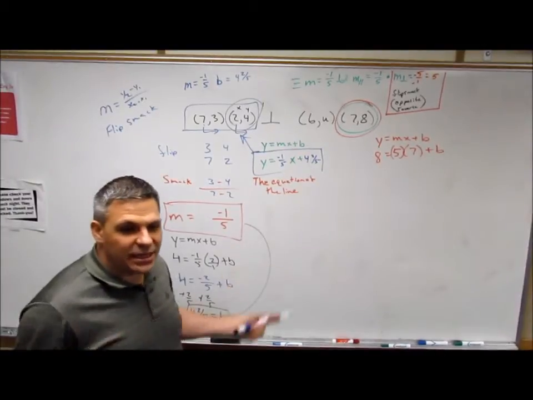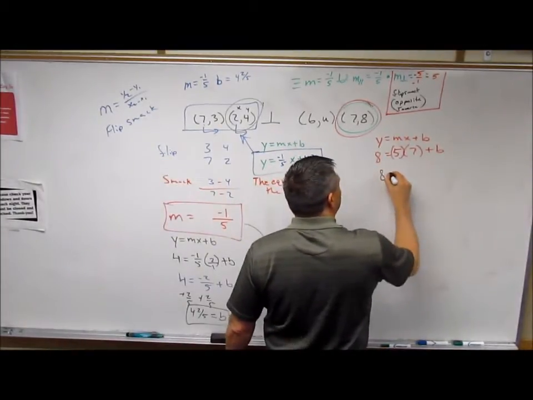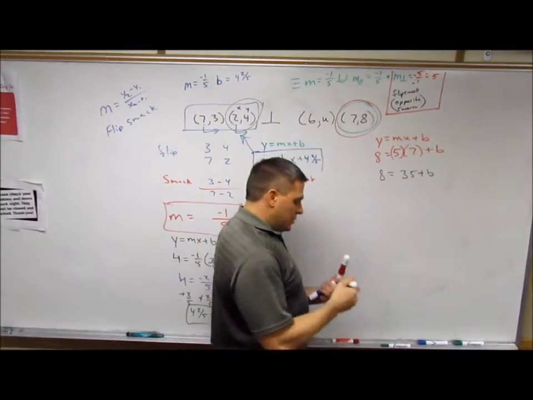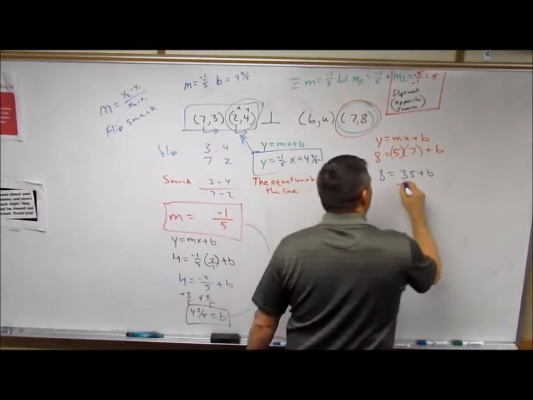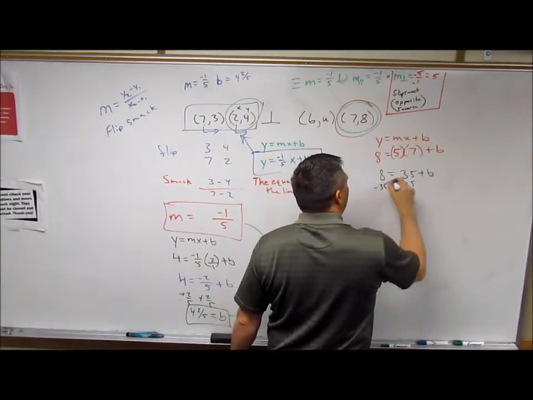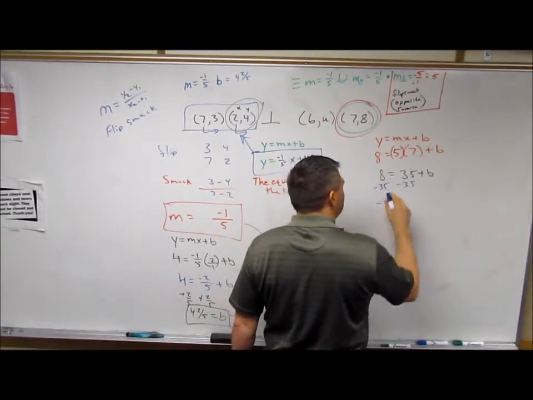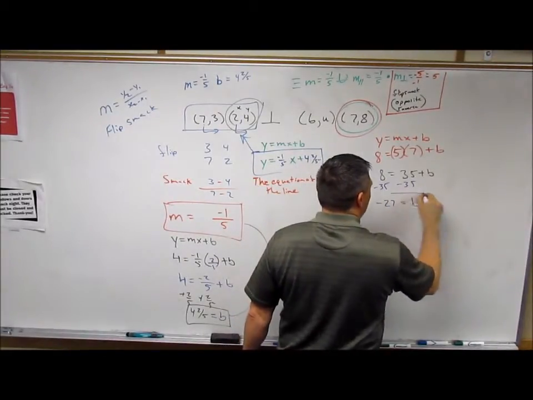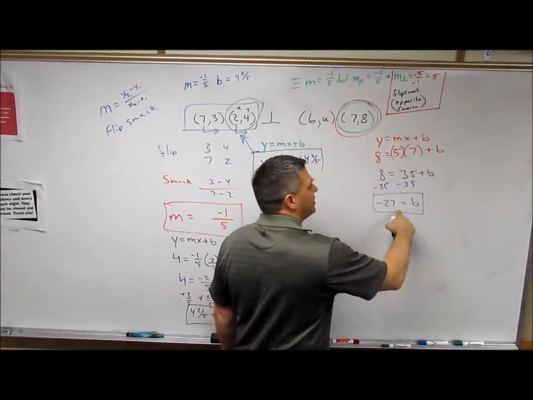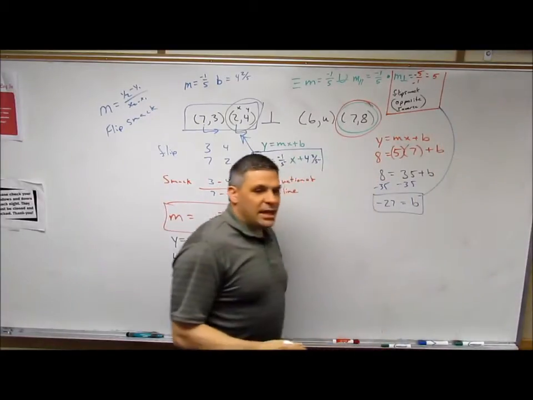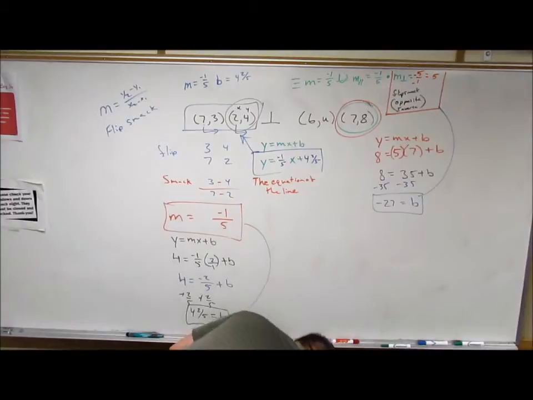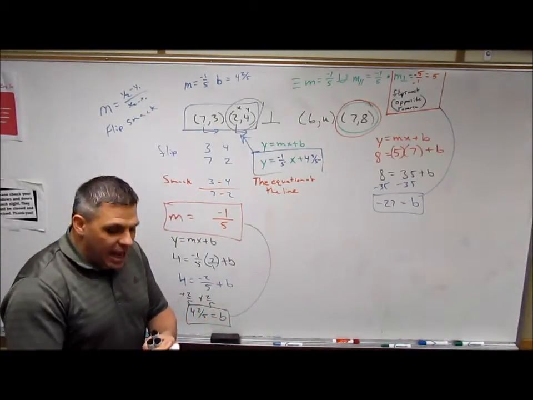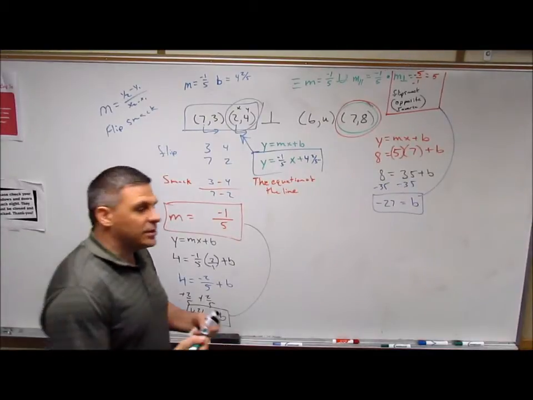And this one comes out nice and neat. 8 equals 35 plus b. So minus 35, minus 35, minus 27 equals b. I have my b. I have my m. If I have my b and I have my m, then I have the line that's perpendicular.